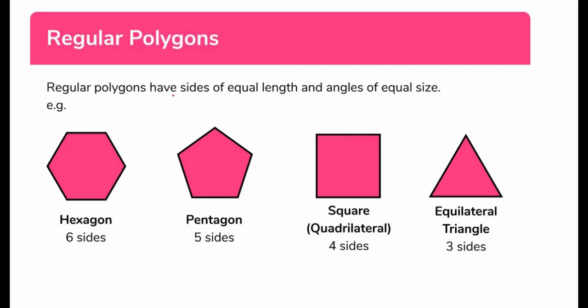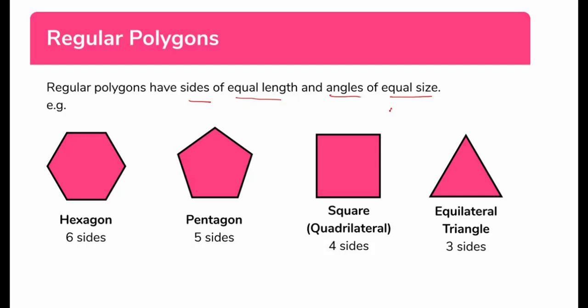Regular polygons have sides of equal length and angles of equal size. All are equal in these regular polygons.